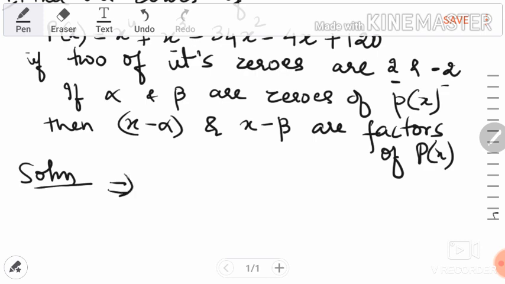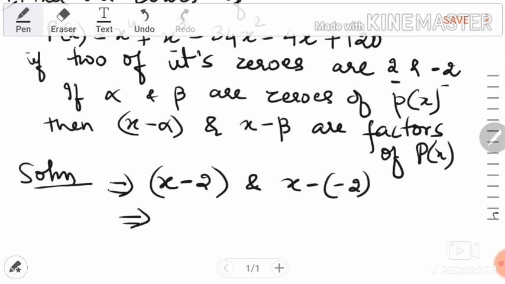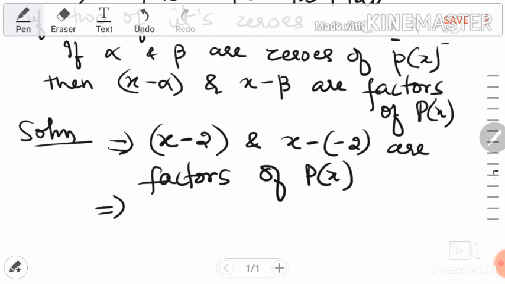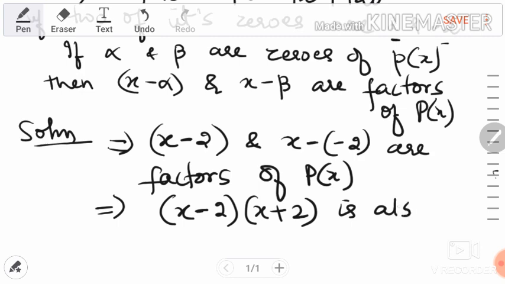So this implies that x minus 2 and x plus 2 are factors of p of x. So the product of these two factors will also be a factor. So x minus 2 into x plus 2 is also a factor of p of x.